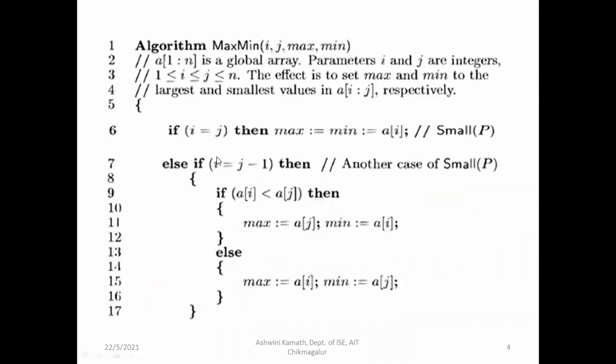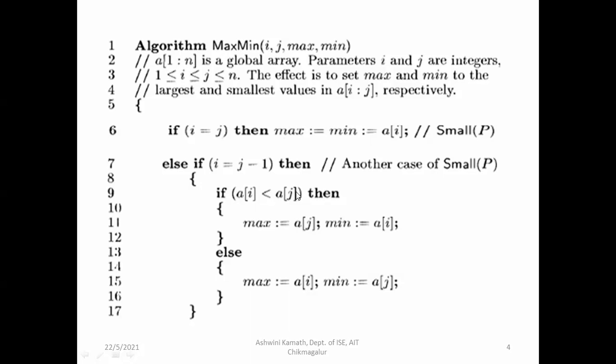When n is equal to 2, we need one comparison, that is, if a of i is less than a of j. It is element comparison, not index comparison. We are talking about element comparison.